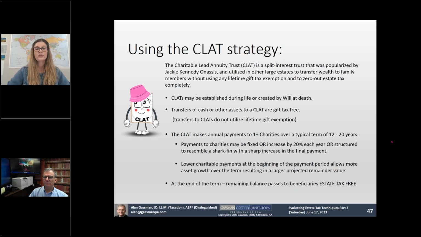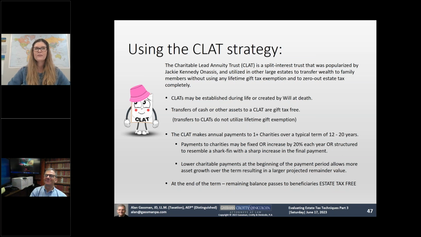Or it can be structured with a shark fin. And I don't know, Alan, if you want to demonstrate with your hands how a shark fin works, but the payments are smaller in the beginning, and then there's a sharp increase at the end.